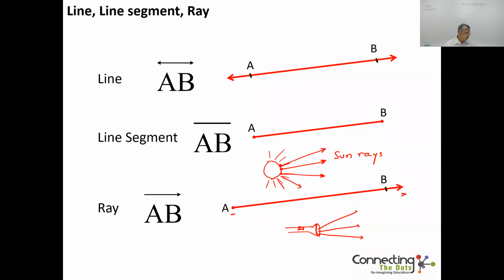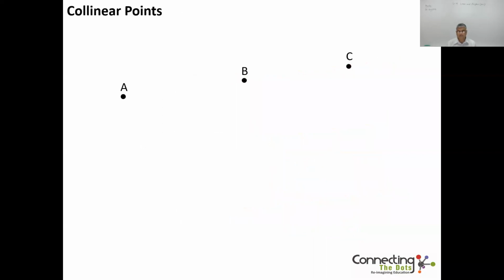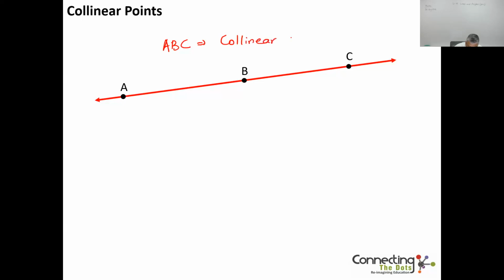Now our next topic: let's take 3 points, A, B, C, any 3 points on a plane, the XY plane, on a flat surface. If I can draw a line passing through all the 3 points, then the points A, B, C are called collinear points.